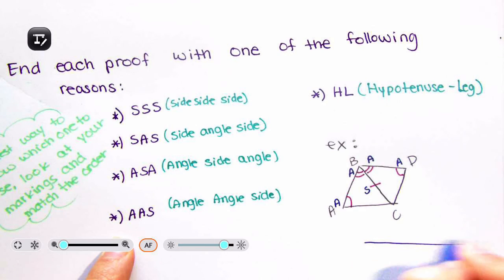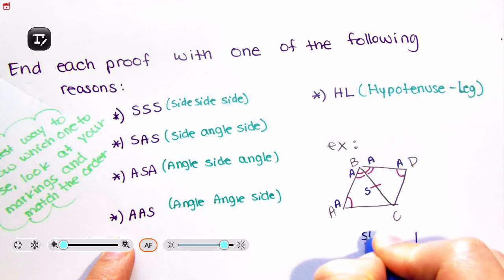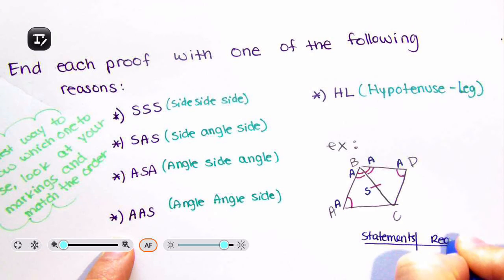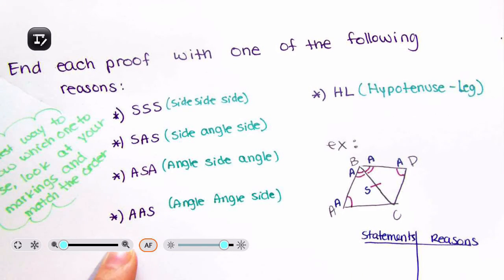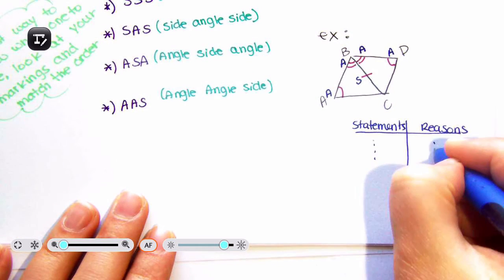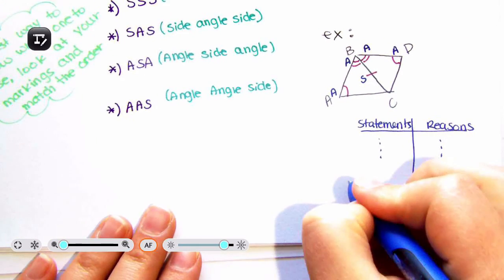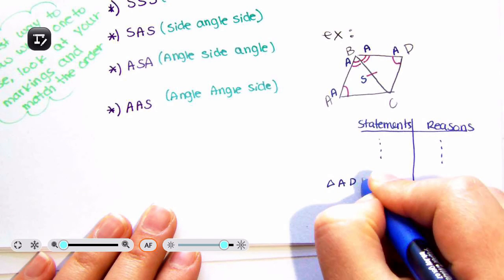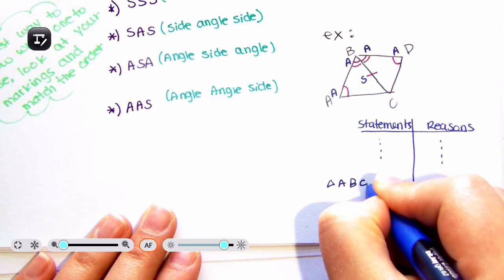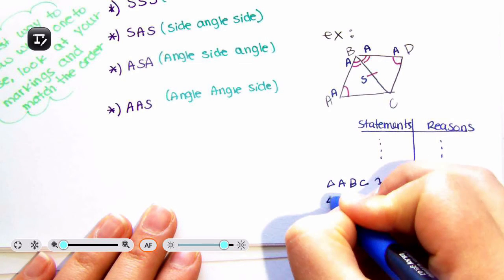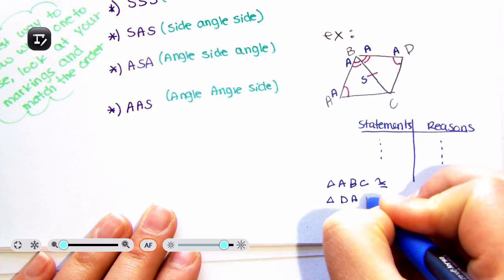So how would you write this? Here's your statements. Here's your reasons. So you have all of your information and all of your reasons. At the end, you're going to say triangle ABC is congruent to triangle DAS.